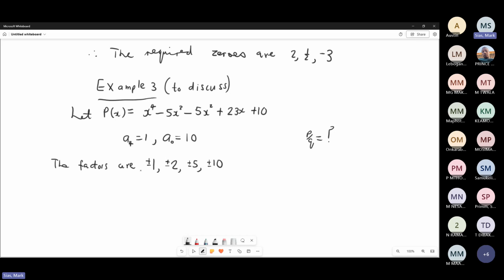The factors of 1 and 10 are also, by the rational zeros theorem, the possible zeros.